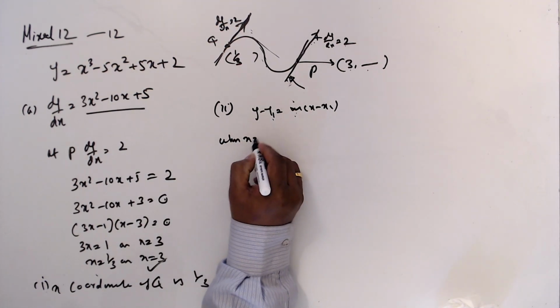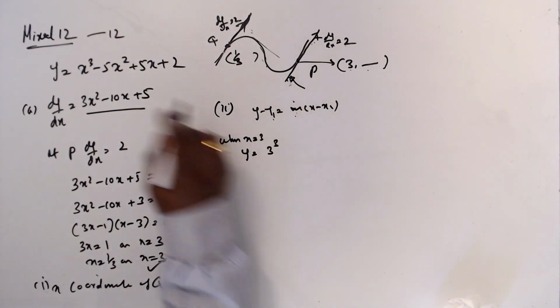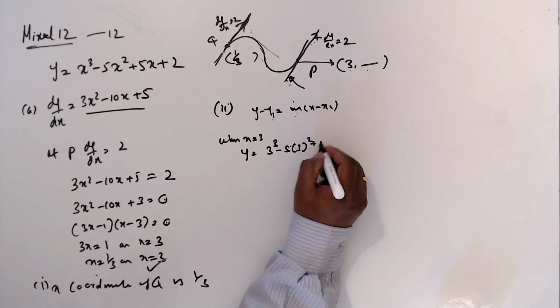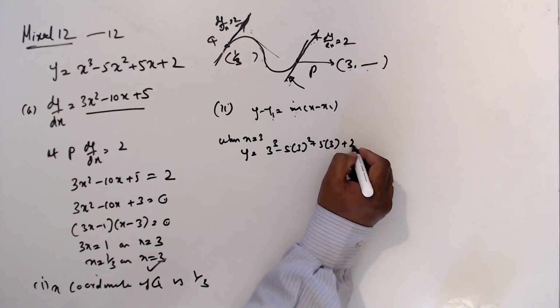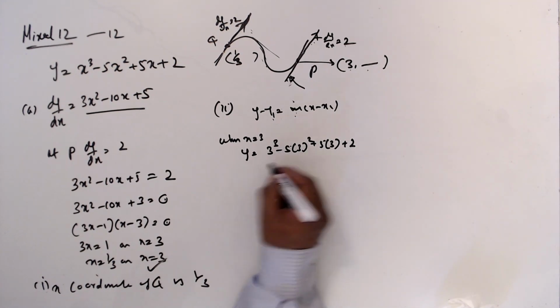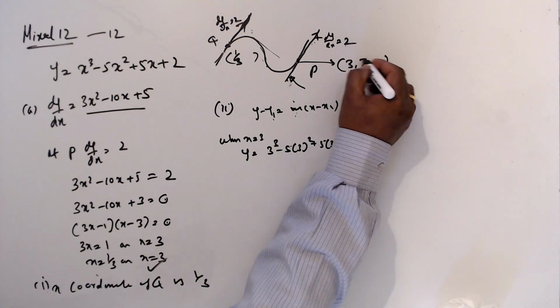So we'll substitute to get y. When x equals 3, y equals 3 cubed minus 5 times 3 squared plus 5 times 3 plus 2. So you will get minus 1. So the point is 3, minus 1.